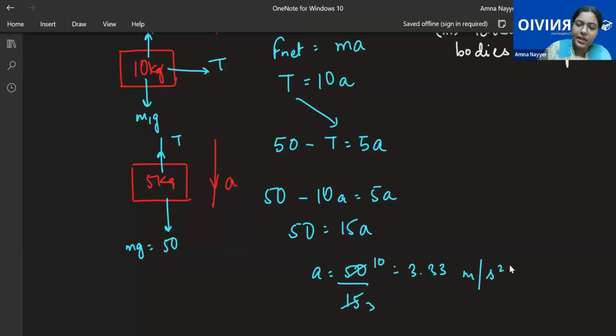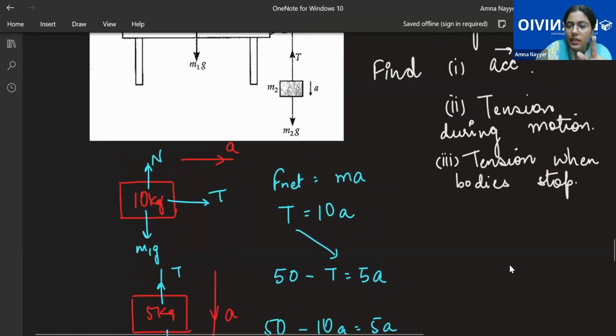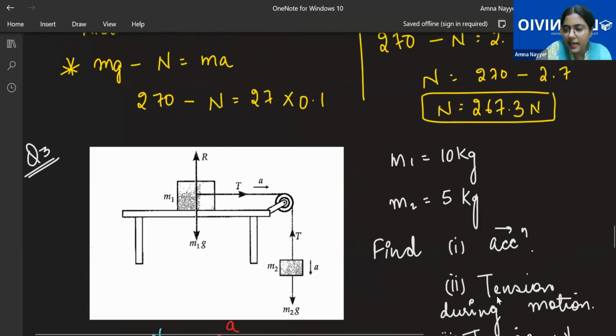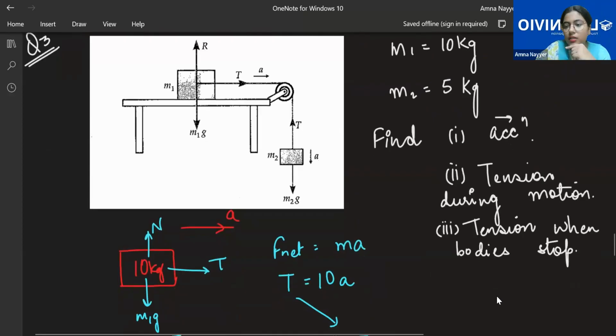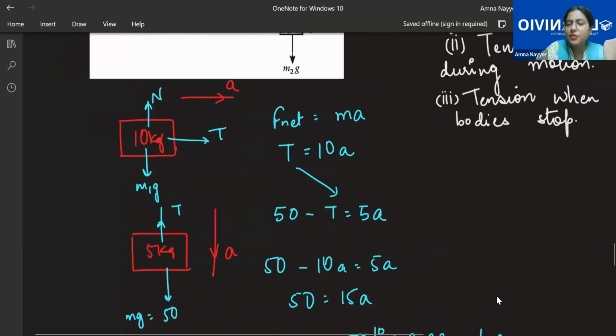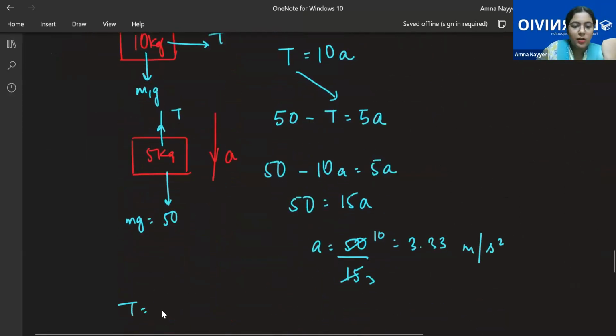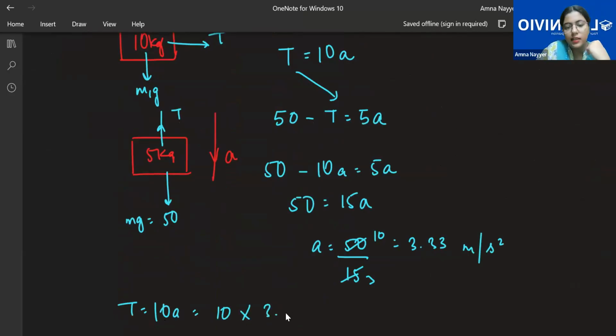This is the acceleration. Now look at the second part, tension during motion. Tension during motion means this tension only. What is this tension equal to? 10A, that is 10 into 3.33, that is equal to 33.3 Newton. So this is the answer for the first part, and this is the answer of the second part.